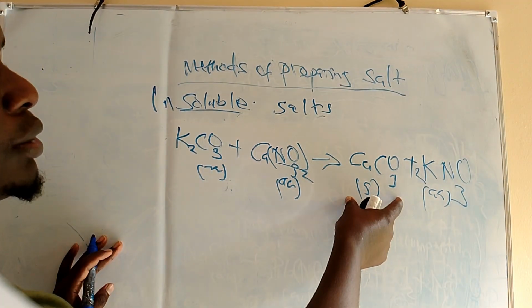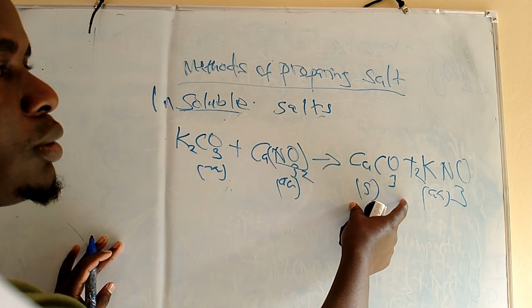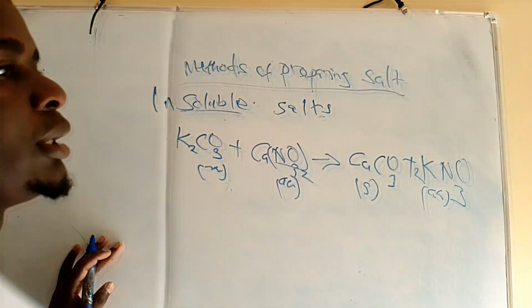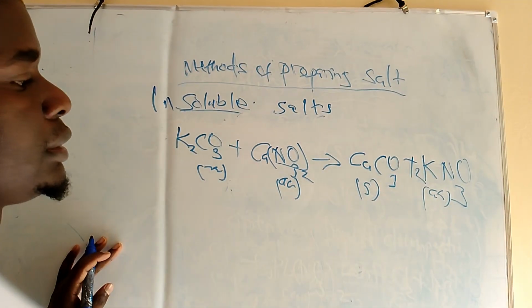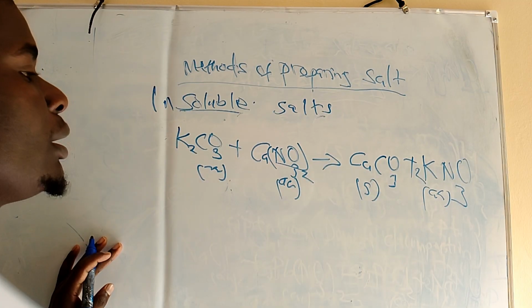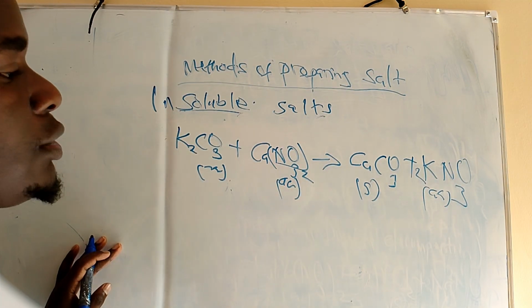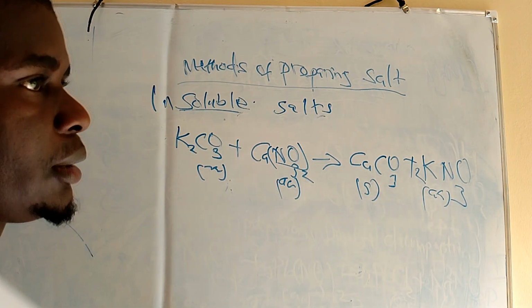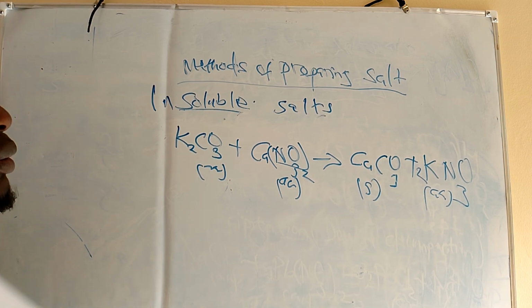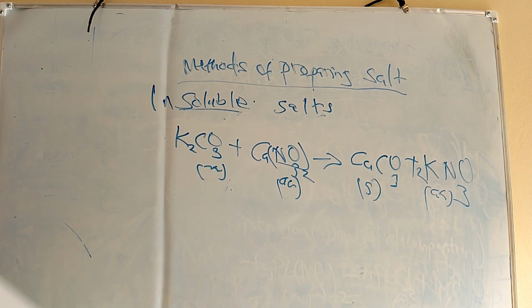All group 1 carbonates are soluble. The other carbonates are insoluble, so that one is a solid. So that is another method of preparing these salts. So how can I obtain these salts? After the reaction, what follows is filtration.